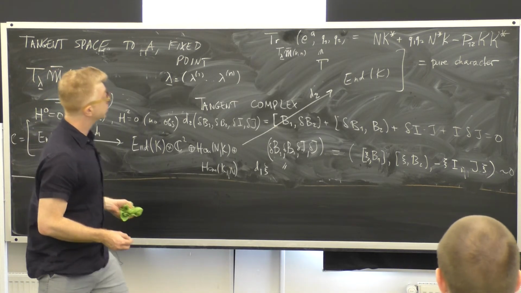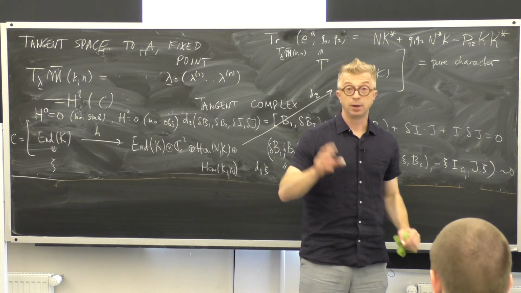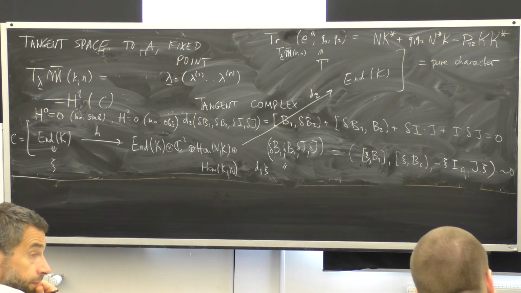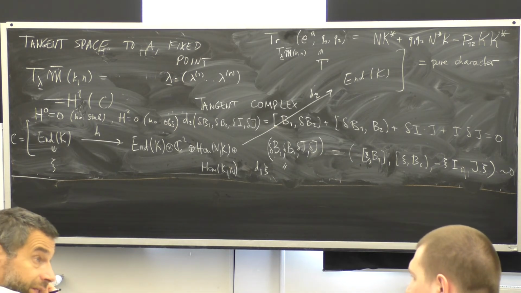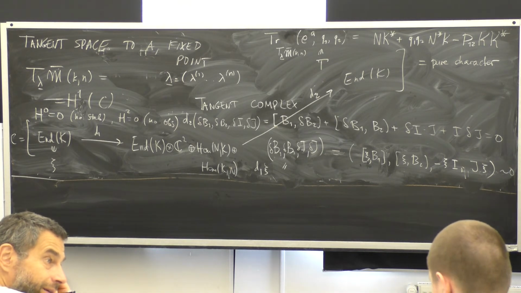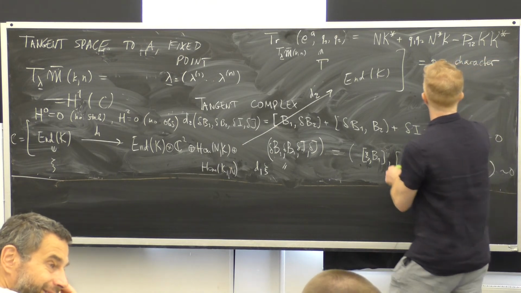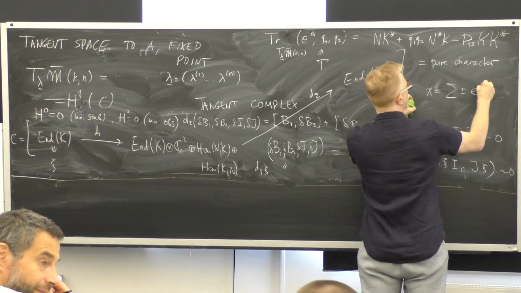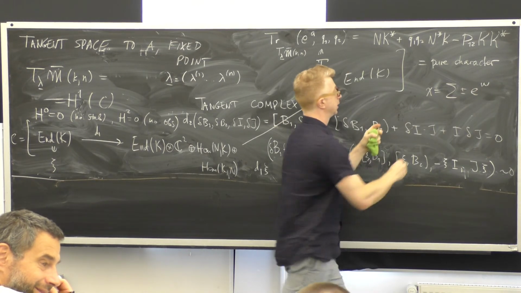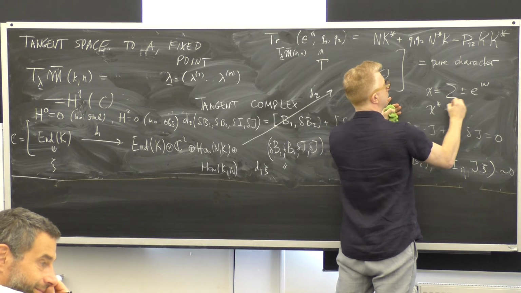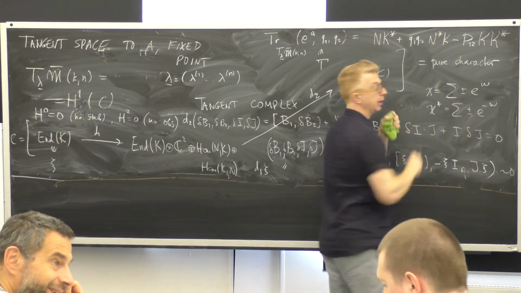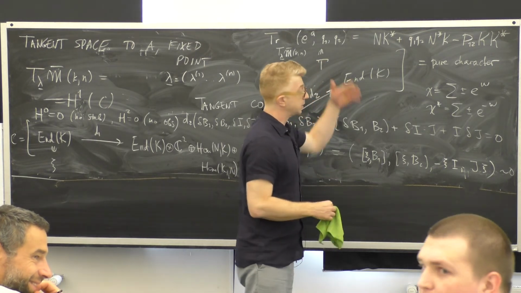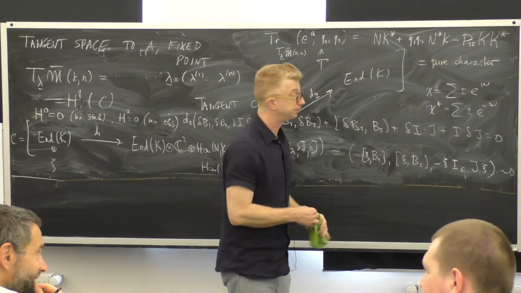I just defined star. So star means every exponent you see, you replace it by the negative exponent. Okay, so once again, if chi is the sum of things like that, then chi star is the sum of e to the minus that. So in other words, it's a character of a dual representation.